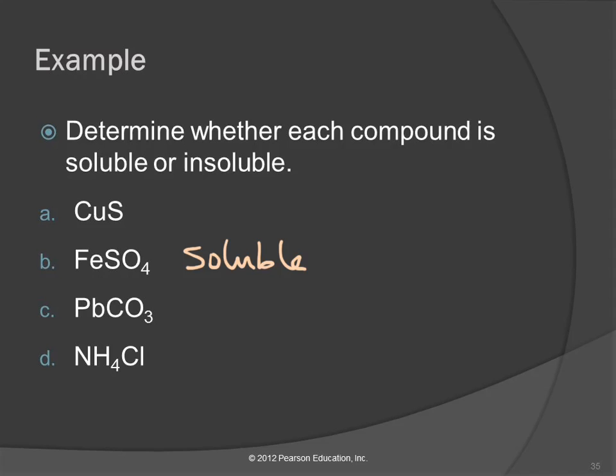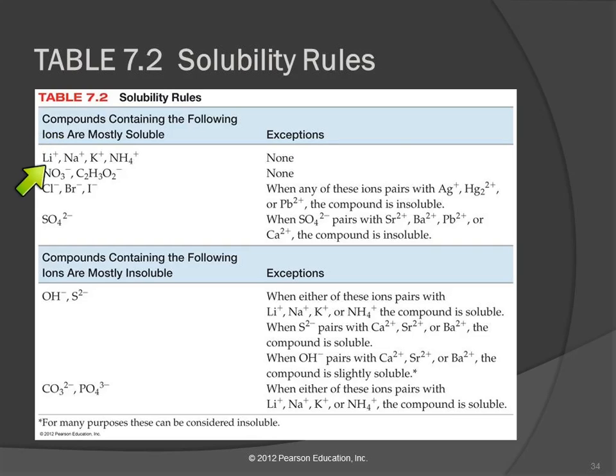Lead carbonate. Again, I go back and look. So we're looking here for lead or carbonate. We're not seeing those, not here. Oh, there's carbonate. Carbonate is generally insoluble. Let's check and make sure there's no exception.